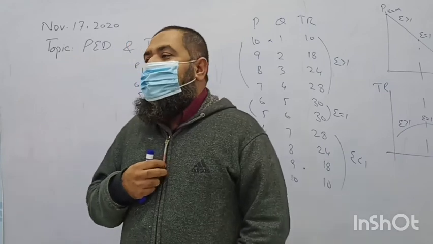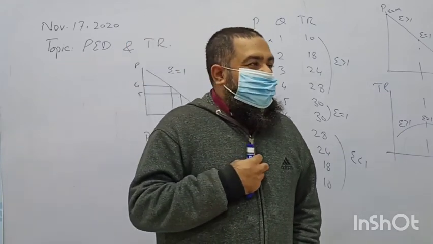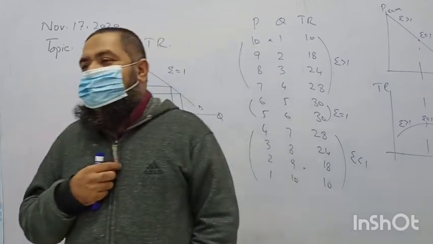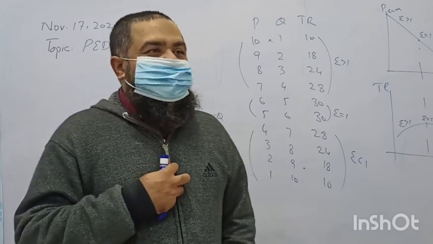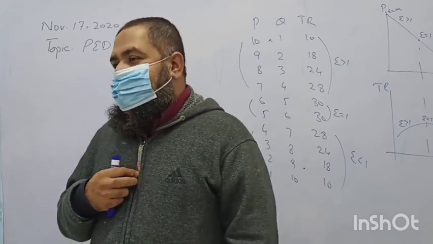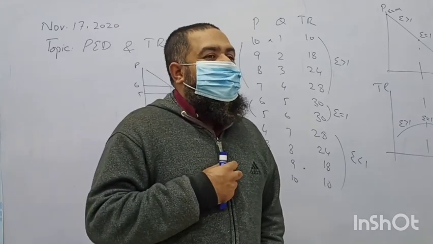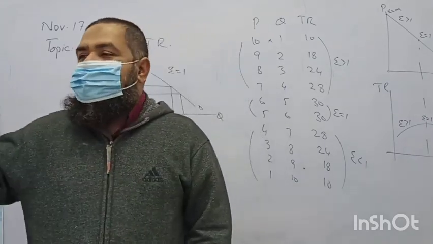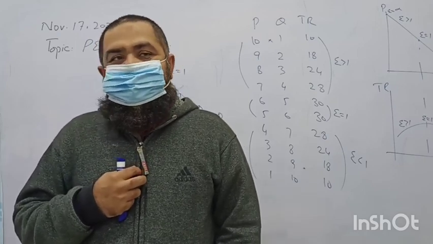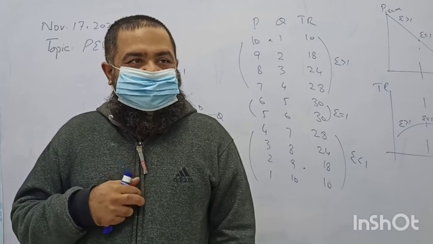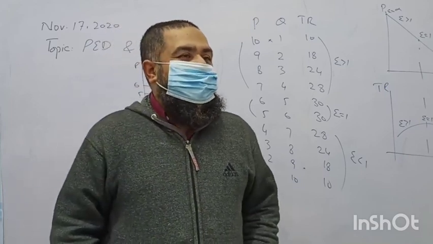Clear? So if the government wants to increase tax revenue, it should increase taxes on necessities, complementary goods, and addictive goods. And for luxuries, taxes should be decreased, then their demand will increase and revenues will be increasing.